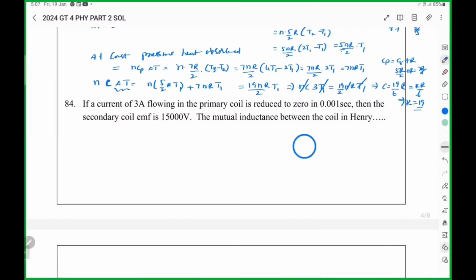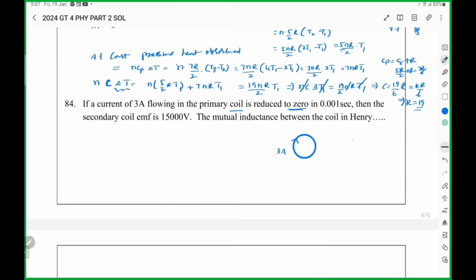Here a current of 3 amperes flowing in the primary coil is reduced to 0. So there is a change in current, there is a change in flux.